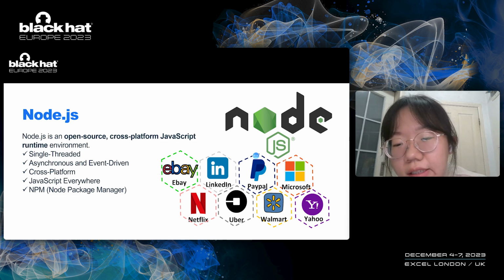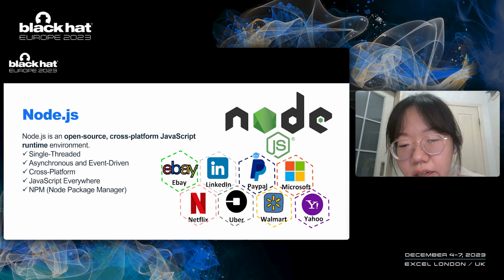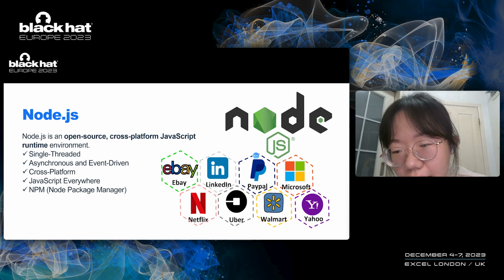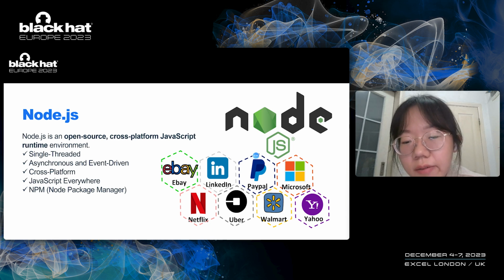Furthermore, Node.js boasts a truly cross-platform approach, enabling JavaScript developers to seamlessly create and develop applications across diverse environments. This universality fosters a coherent development experience, regardless of the underlying operating system.